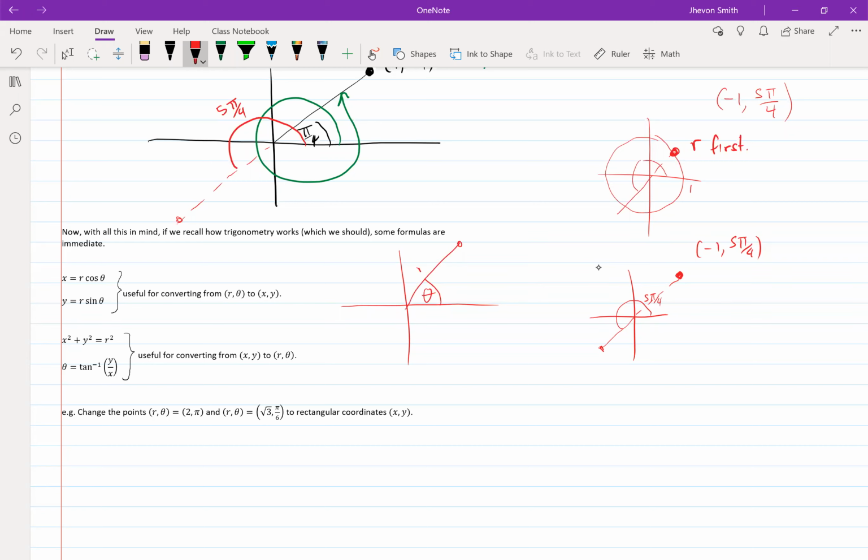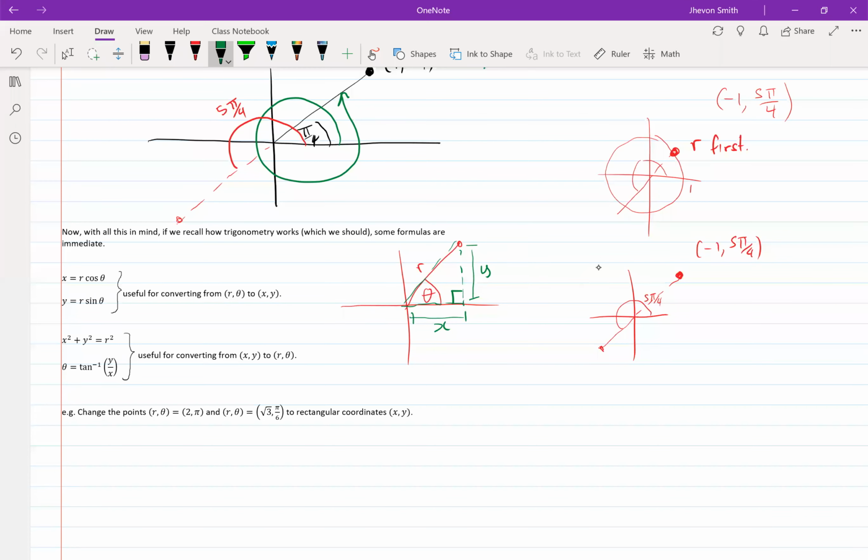Now, moving along, the fact that we have this idea of an angle and a distance tells you that trig is going to be very important here. What we can do is complete a right triangle from this picture. Now, with SOHCAHTOA, we can figure out a few relationships. This height is the y, and this length is the x coordinate.